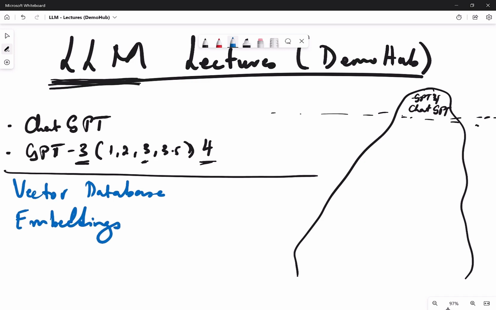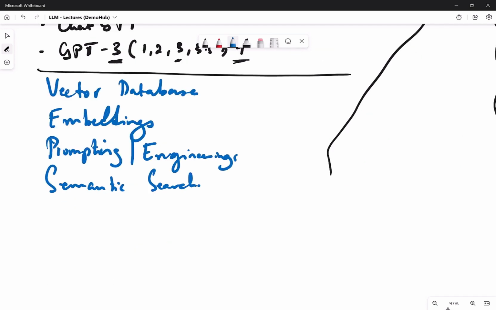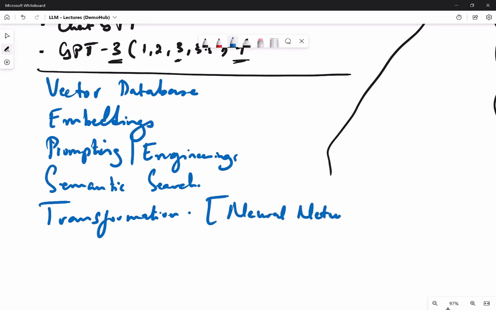Embeddings. What is an embedding? Embedding algorithms, prompting, prompt engineering, semantic search, which applies to vector databases. Where do we leverage semantic search and why? Transformers. It's very important to understand what transformers are. Neural network. What is a neural network?